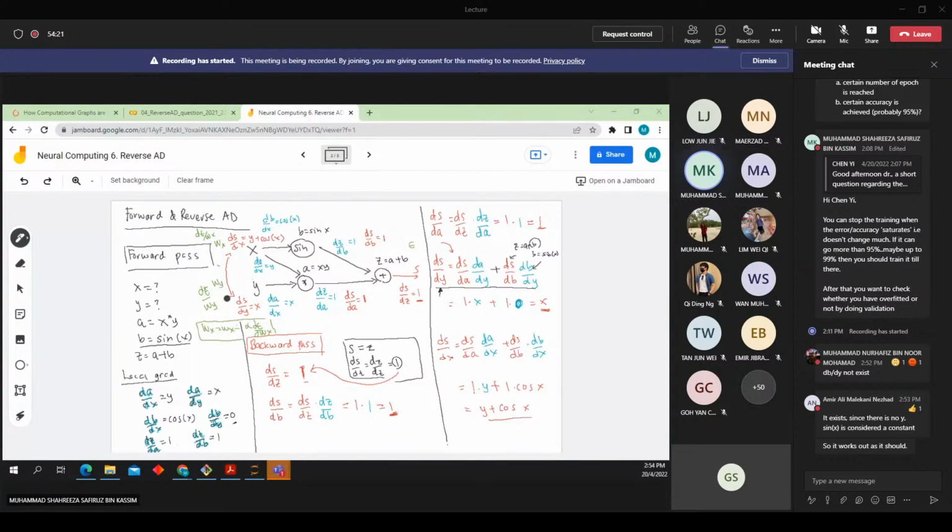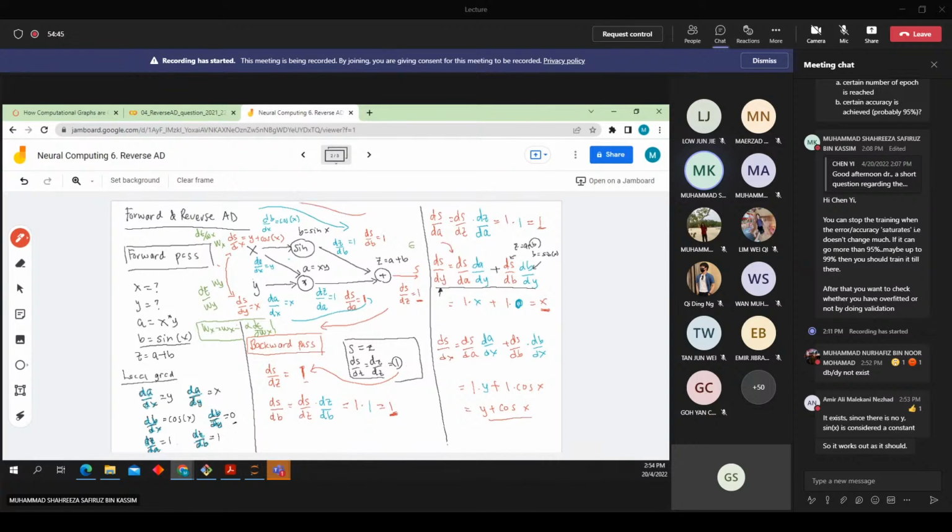So hopefully you can see how the forward pass and the reverse pass work. Before this, I'll do the blue for the forward, and then we'll have the red for the backward pass.